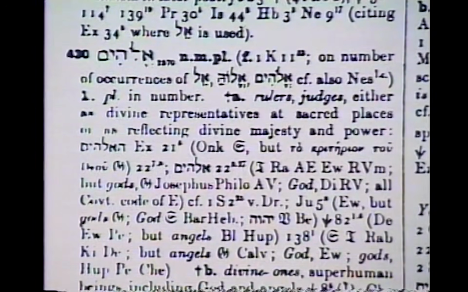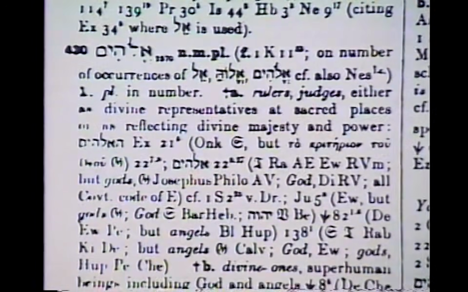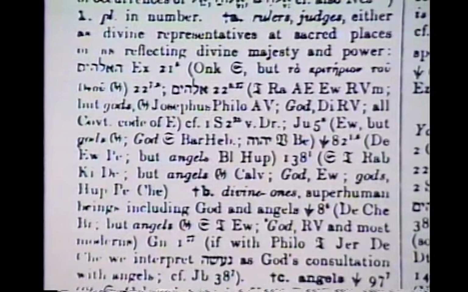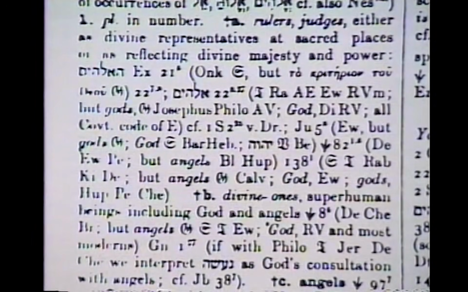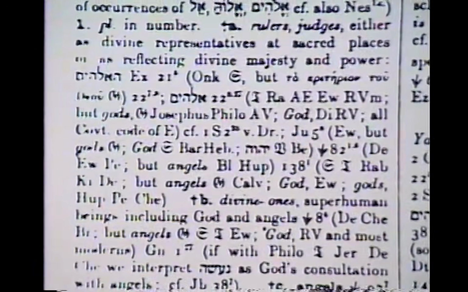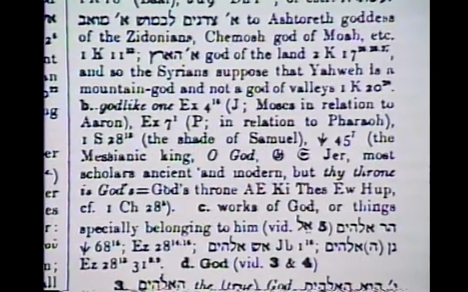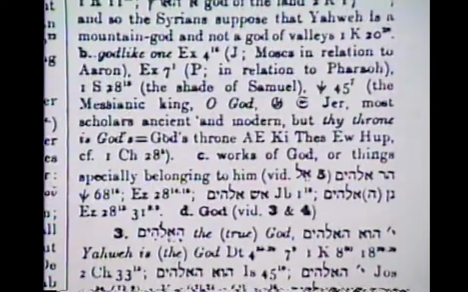All right, then you see dropping down the third line, it says plural in number, rulers, judges, either as divine representatives at sacred places, reflecting divine majesty and power. And then he gives you a number of references in places both biblical and extra-biblical that you can look at. Let's go across the page and look at number 2 here. There we see that we have a number of references.